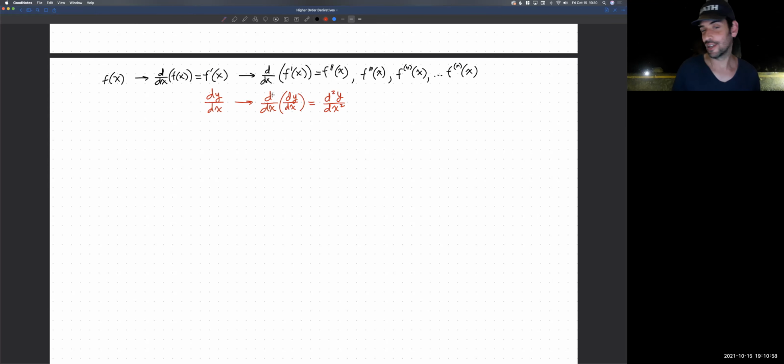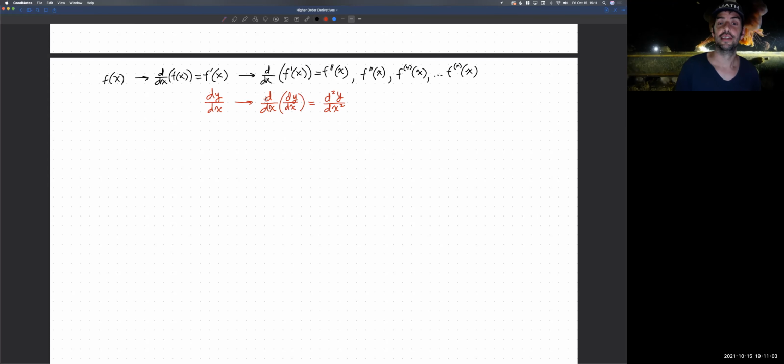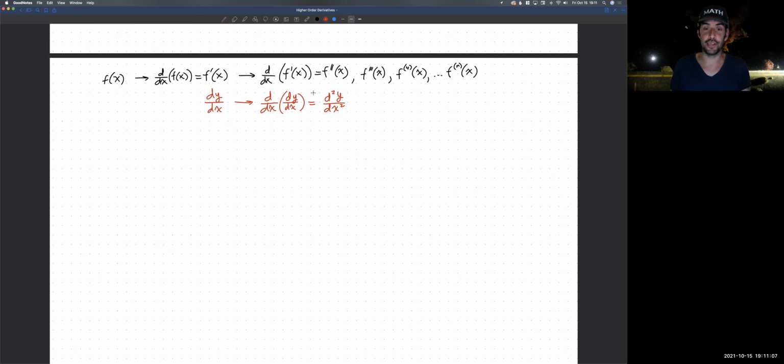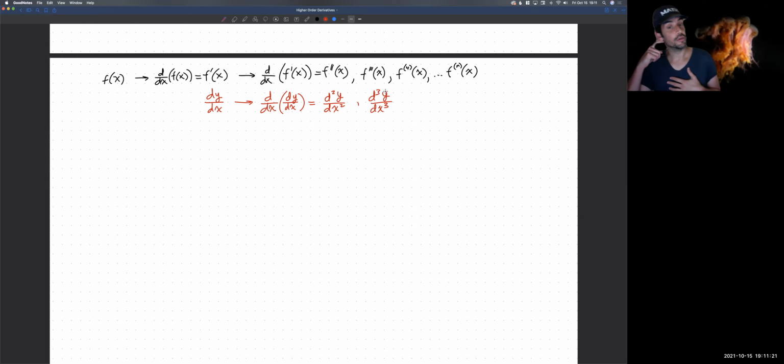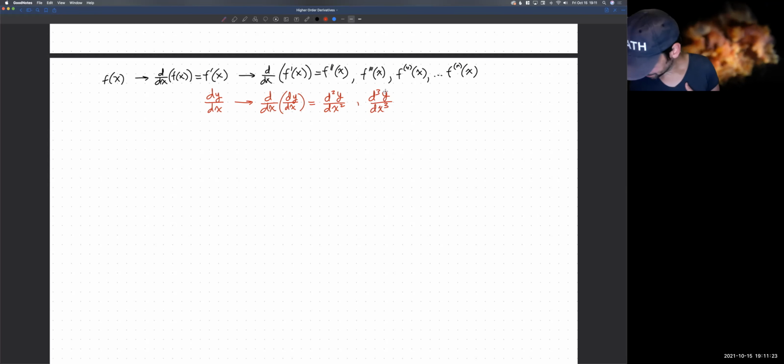So it's just a weird notation. You just have to live with it. You can kind of think there's a D on top, so there's a D there, so we've got two of them. They're not being multiplied in any sense. It's just a notation that we use to do that. And then if you want to take a third derivative, we get D cubed y dx cubed, and so on, right? You can keep going with that one as well.